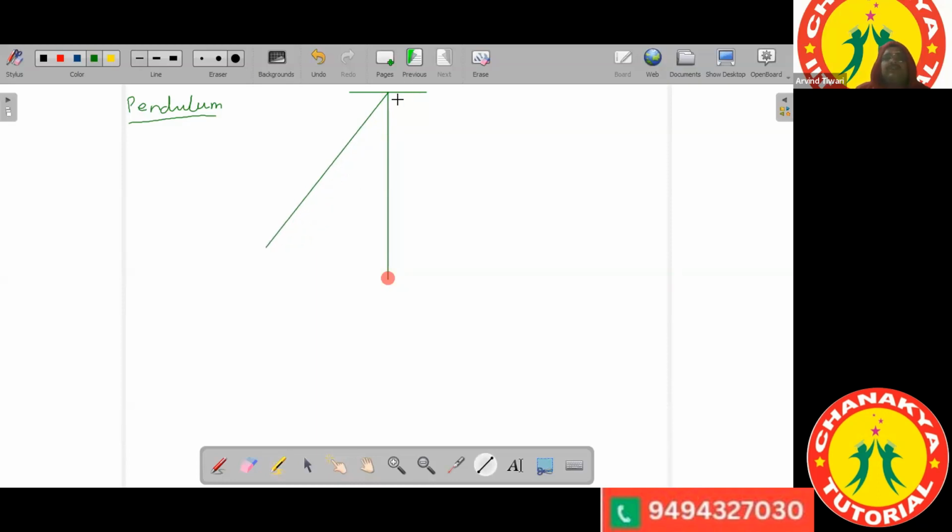So let's say it has the extreme positions which have been marked over here, and it can rotate about these 2 points. So the 2 points are the extreme points, and this one is the mean point. So A, B, and O.